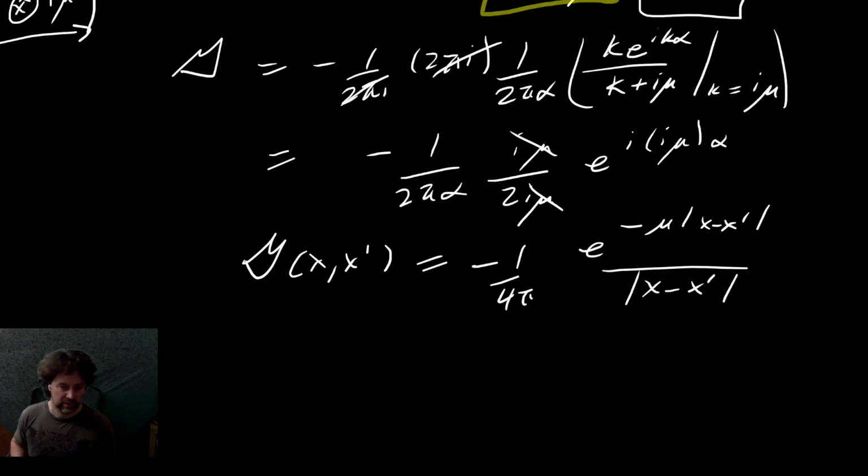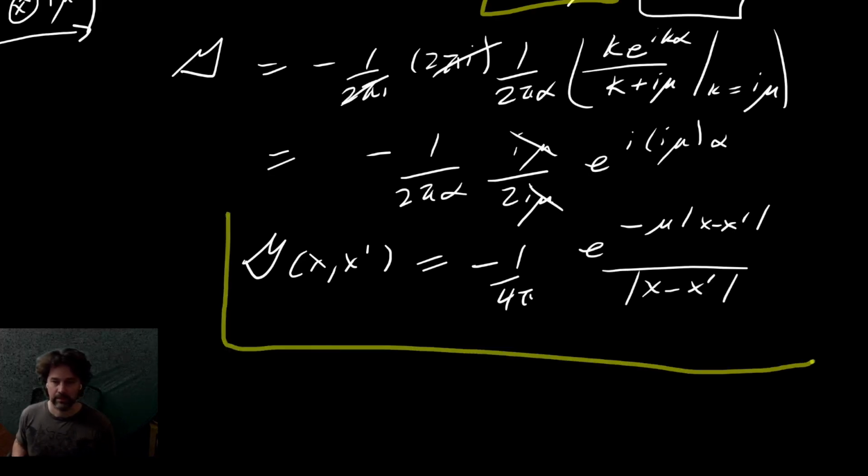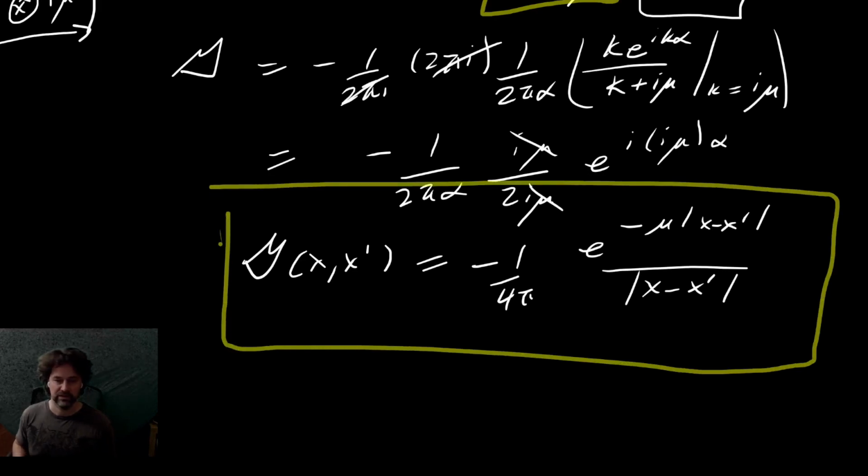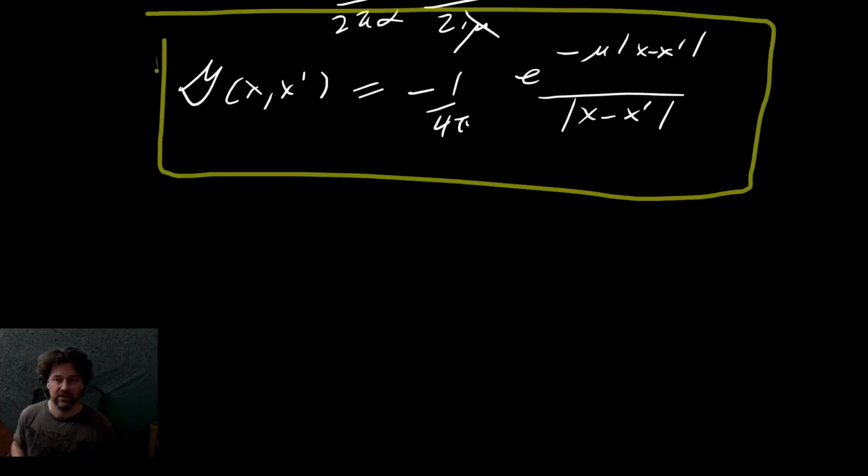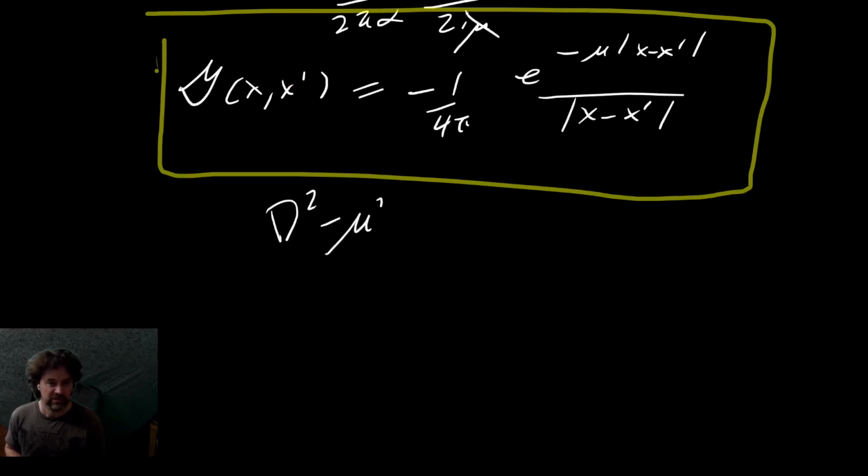Whew. There's our Green's function. We've managed to successfully evaluate the triple integral in k-space and come up with a spatial representation. This was the Green's function for del squared minus mu squared.